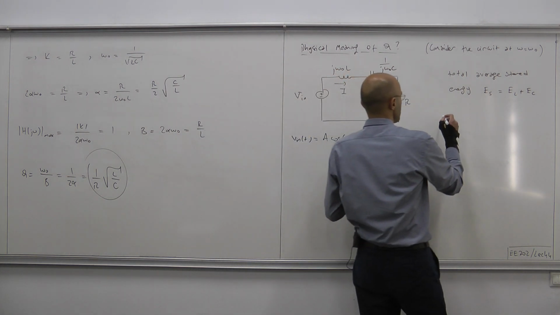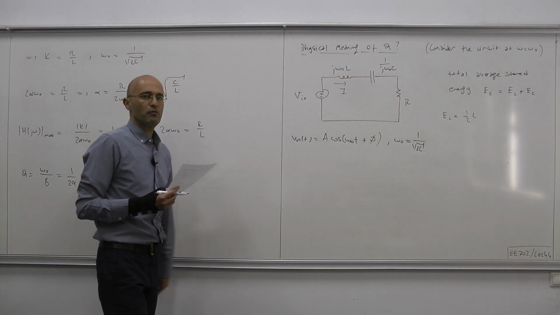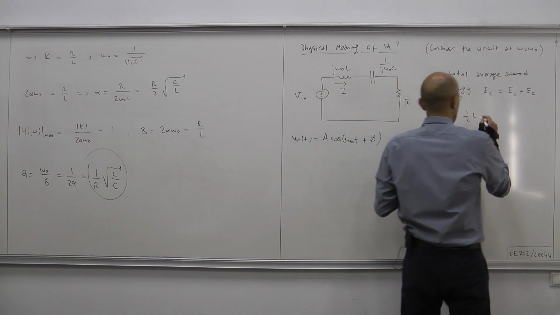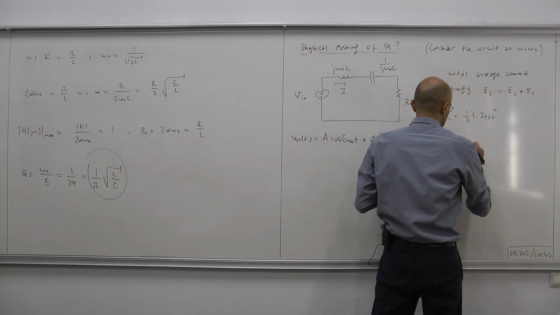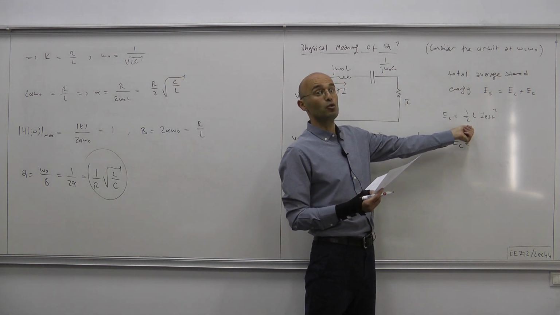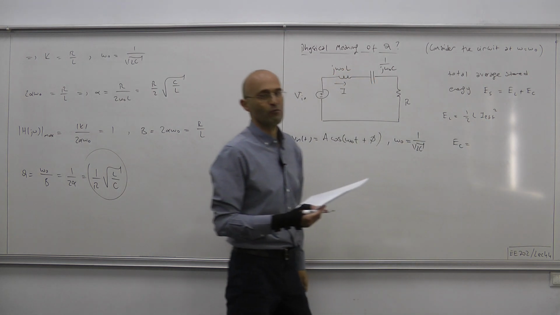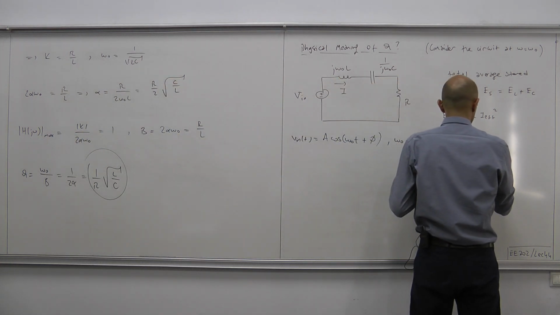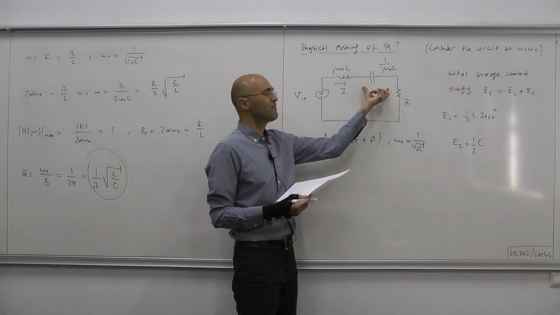So what's EL? EL is 1/2 times the inductance times the square of the effective value of the current passing through the inductor, 1/2 L I effective squared. The average stored energy in the capacitor can be computed using the dual formula, 1/2 times capacitance times the effective value of the voltage across the terminals of the capacitor, 1/2 C V C effective squared.